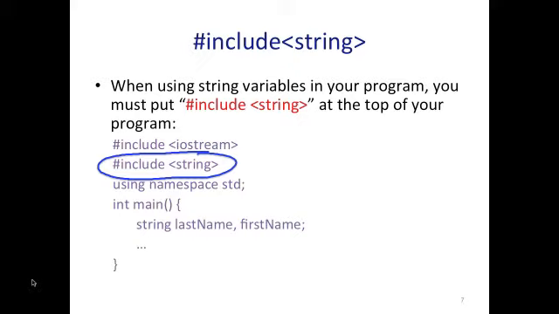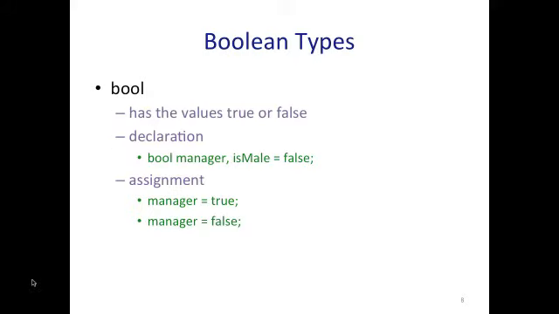It turns out that string is built up from chars, and so it's considered an aggregate data type. It's a collection of chars, and therefore it's not part of the underlying language, and instead the definition for a string is stored in a library. Hence, you have to include the string library in order for strings to work.